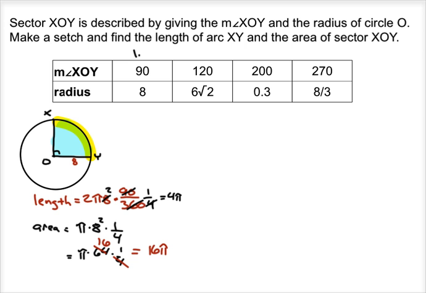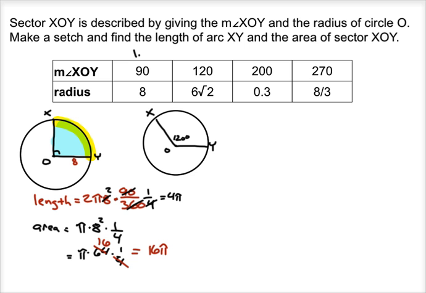Going on to my second one, I'm going to draw myself a new picture. The second one, they tell me that this angle is going to be 120 degrees. I don't need to be exact, but I want to look relatively close. If I know where 90 is, this is going to be a little bit bigger. So this is going to be a 120-degree angle, and here's XOY. I just go through and do the same steps.